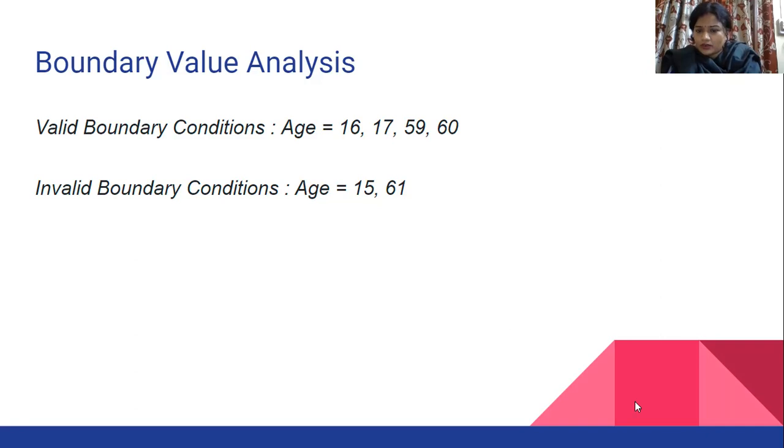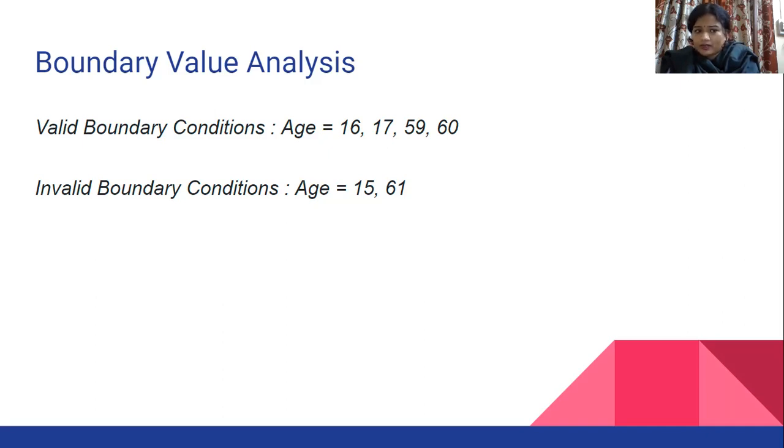Okay, so I can check for the boundary values. I forgot to mention that, suppose the requirement is age should be greater than or equal to 16, and age should be less than or equal to 60. For that I will be doing boundary value analysis.